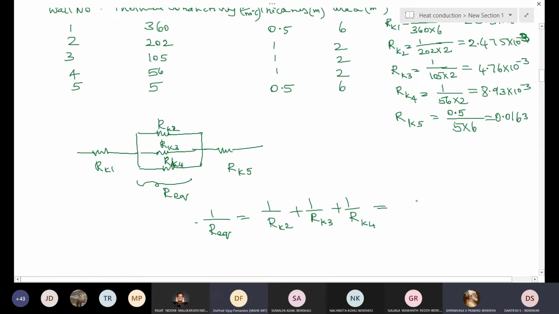The unit here is degree centigrade divided by watts.